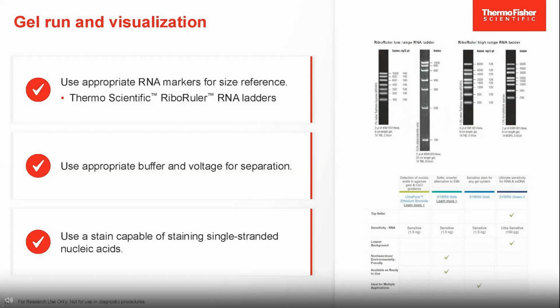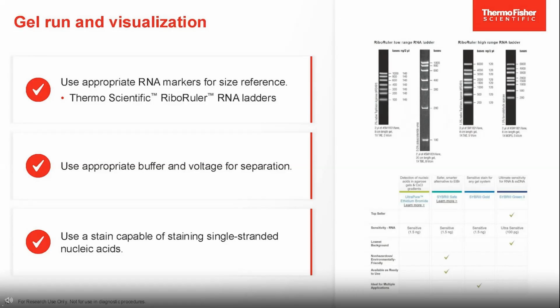In this sense, we have a plethora available on Thermo Fisher Scientific, and RiboRuler markers span a wide range of sizes, so you can make sure that you choose the one that works best within the context of your fragment, as well as the agarose percentage that you are using to separate your fragment, because you want the full separation range to obtain the best results.